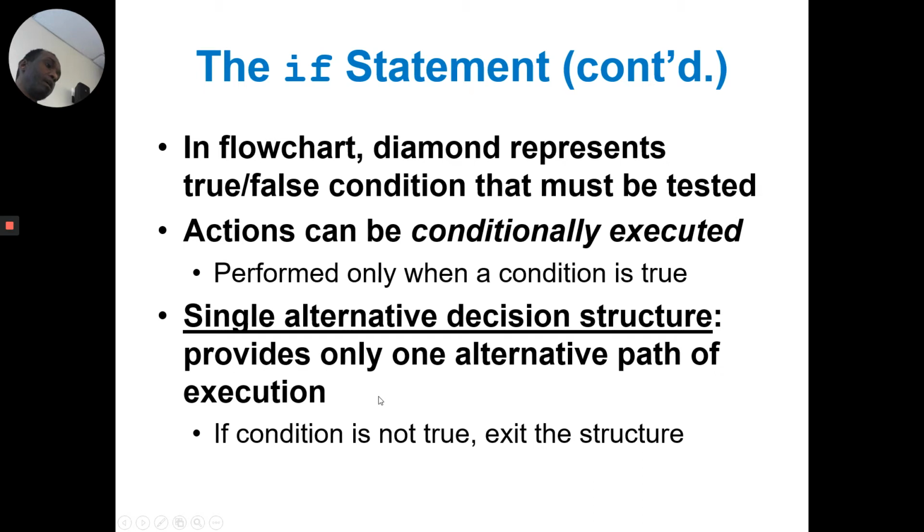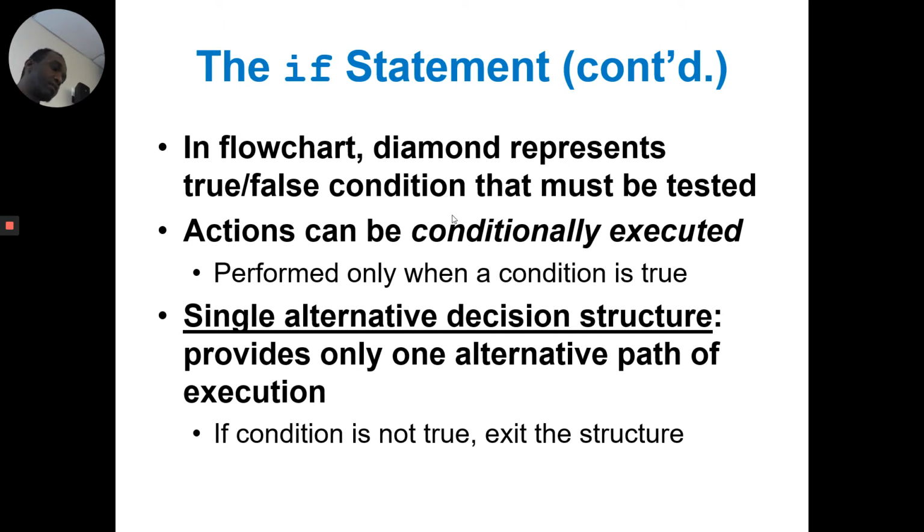Okay. In a flowchart, similar to the Raptor that we use, a diamond represents a true-false condition that must be tested. So actions can be conditionally executed, performed only when a condition is true. Otherwise, it will take the alternative. If it didn't rain tomorrow, then you will go what? With the other option, right?